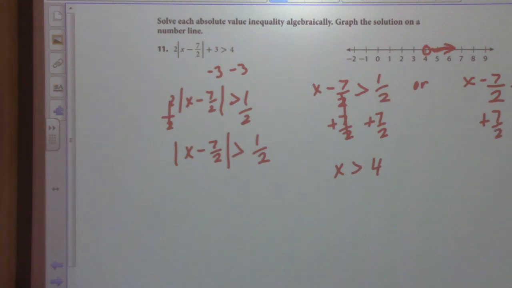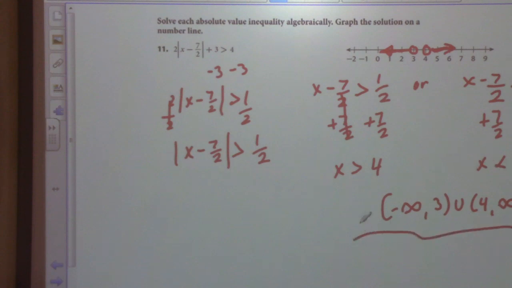Anyway, -1/2 plus 7/2 is 3. So here we have x less than 3. And in interval notation, it's going to be like this: negative infinity to 3. So those would be our answers.